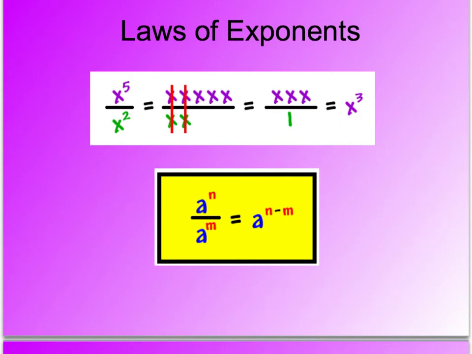So what this rule says is, if I have the same base in the numerator as I do in the denominator, then I can subtract those two exponents. So division of exponents means we need to subtract.